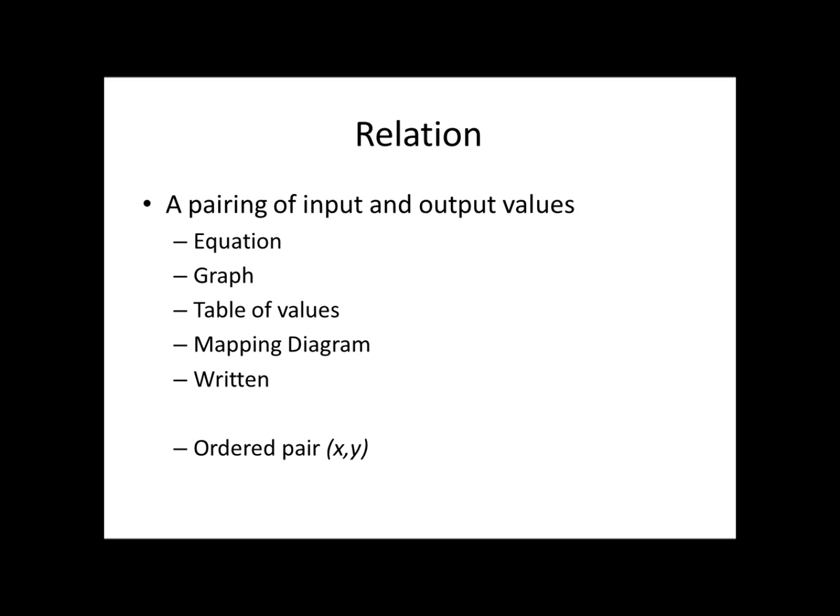Those points have an x value, an input value, and a y value, an output value. We could just give a table of values. We could use this idea called a mapping diagram, which we'll talk about, or you could even write out what the relation is. And that relation doesn't have to be all mathy. We'll take a look at some of those.